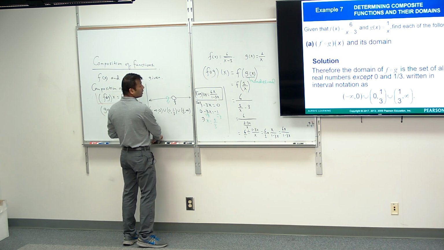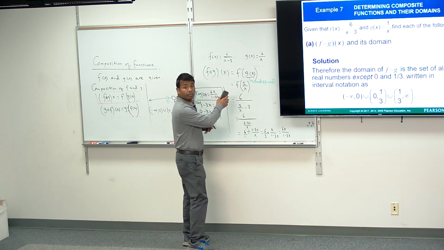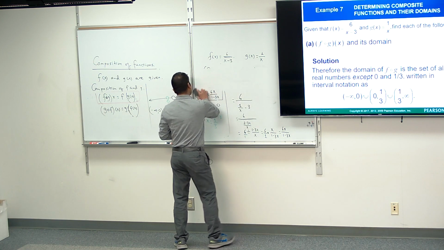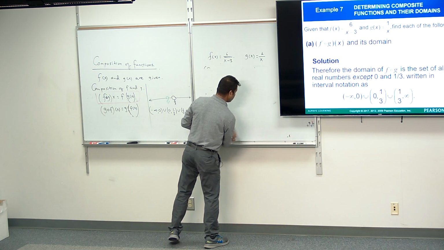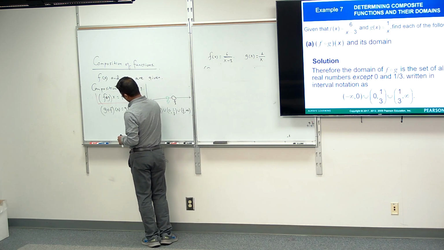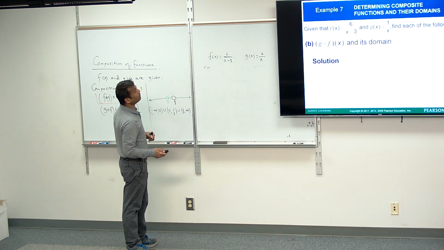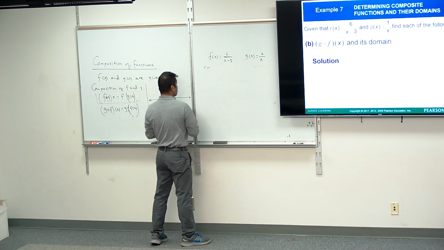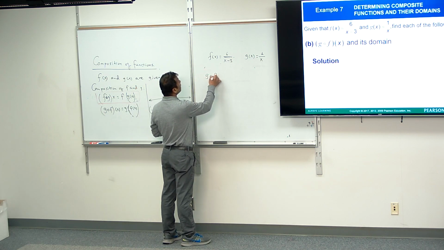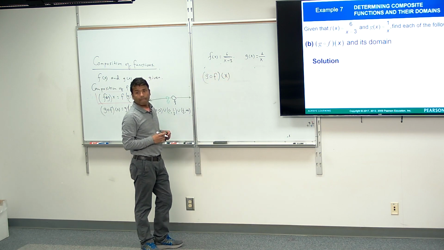So now you see that, right? So the next one, part B, you need to find g circle f of x, right?